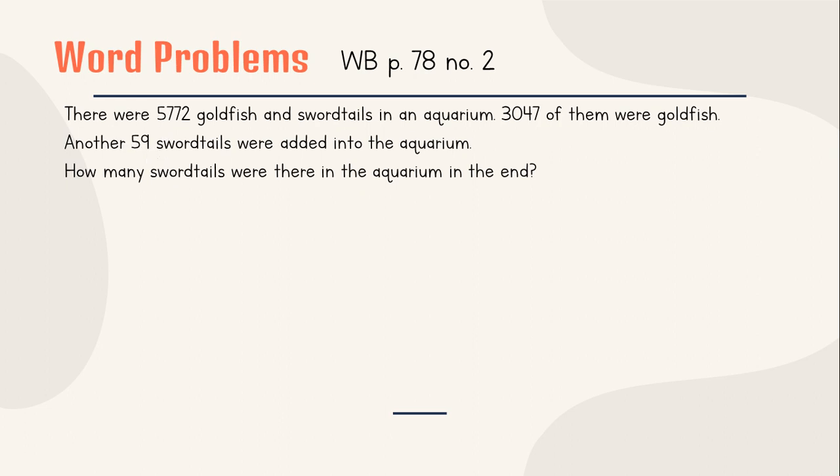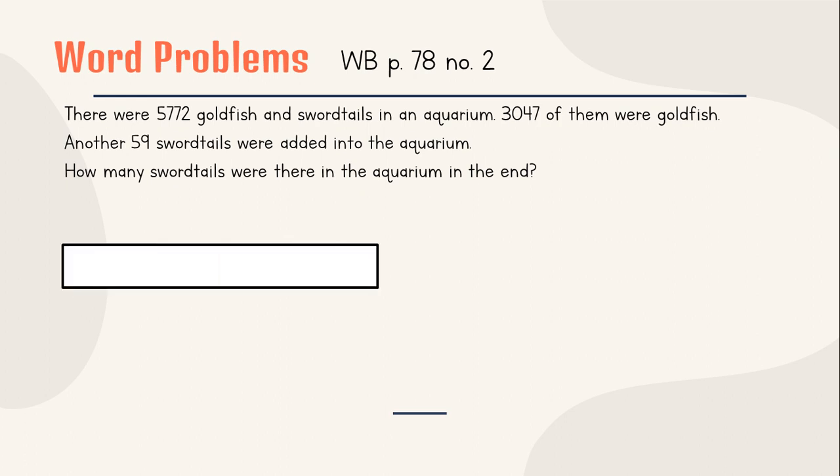Now, for these word problems, don't forget to draw the model. So this one will be all the fish, 5,772. But we know there are two types of fish in the aquarium, which are goldfish and swordtail. And then we know that 3,047 of them were goldfish.